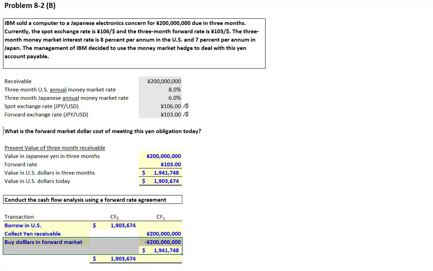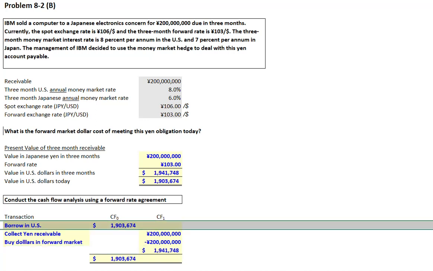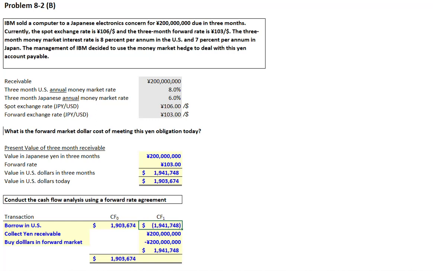So we will use that 200 million yen to receive 1,941,000 US dollars. Of course, that is the exact amount we owe on our loan in the US, and we can sum things up and find our time one cash flows are zero, and our time zero cash flows are the $1,900,000 that we locked in using this forward market hedge.